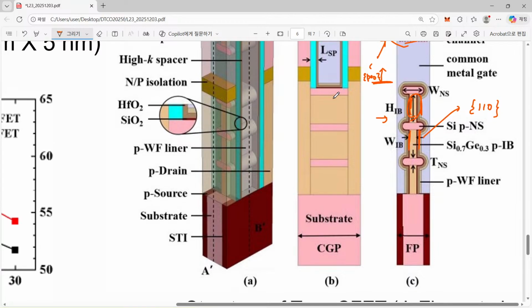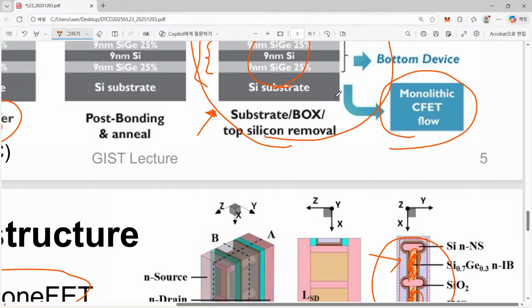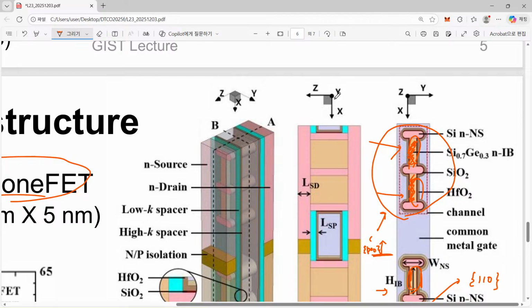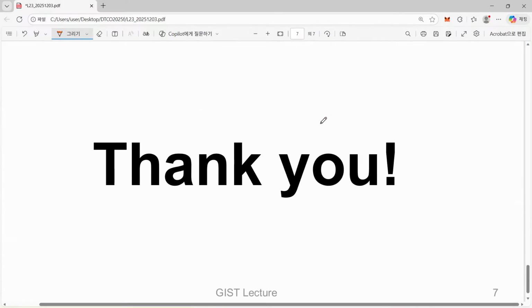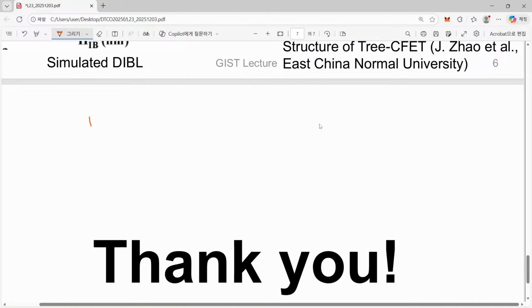Of course, in this case, the authors of this paper also introduce the interbridge to our NMOSFET. It means that their main motivation is not fixing this NP unbalance, but just to increase the effective width of this transistor. Simply speaking, let me just draw it. If you have three different nanosheets, then what will be your effective width?